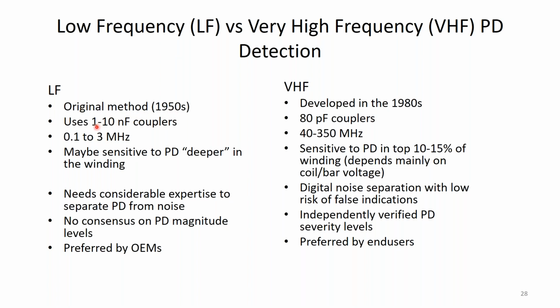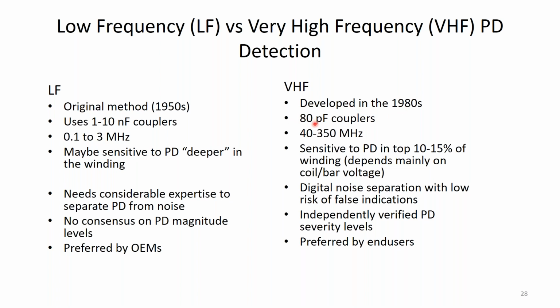They normally use capacitors in the range, as I said before, of 1 to 10 nanofarads. They work up to formally 1 megahertz according to IEC 60270, but in reality, most people have their hardware good enough to 3 megahertz. That means a 10 megahertz digitization rate. And in contrast, the VHF is a bit more modern.